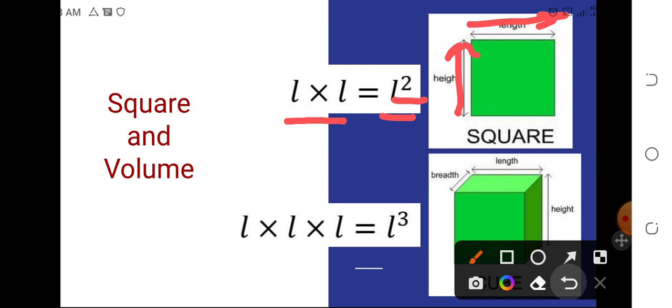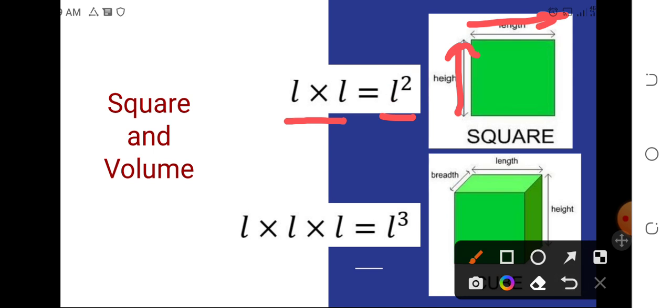Whenever you find the area of any figure, its exponent must be square, whether it is a parallelogram, a square or any quadrilateral. You find the area by multiplying its two dimensions, two lengths. This is how we find the area of a square or a parallelogram.